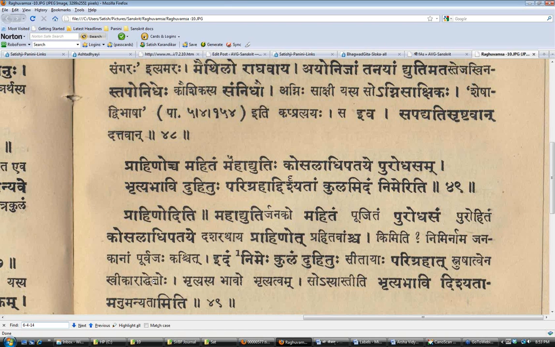So there is a reason, that is, by that. Also very good usages: Snushatvena, in that form. Snushatva: snusha is daughter-in-law, and snushatva means the status of being a daughter-in-law. So in that manner, snushatvena.